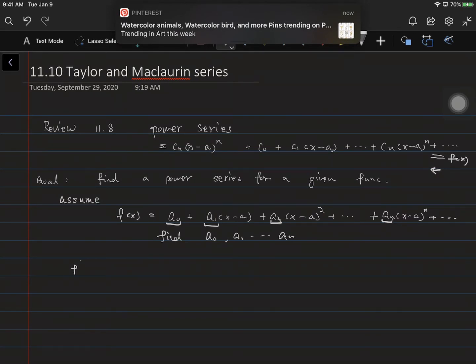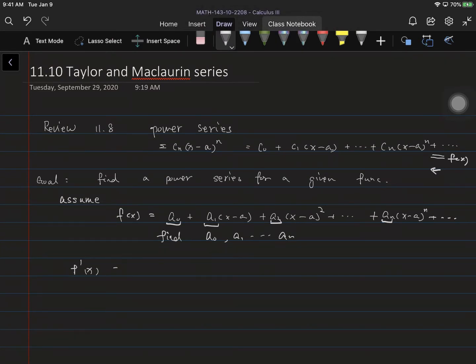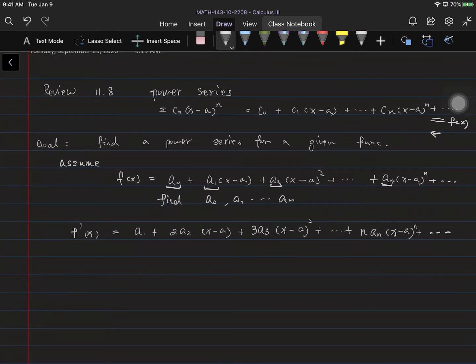If we take the first derivative of this function, a0 goes away because the derivative of a constant is 0, and it becomes a1 plus 2a2 (x minus a), and the next term is 3a3 (x minus a) squared, and this term is n a_n (x minus a) to the n minus 1. Is that right? So how to find a1?